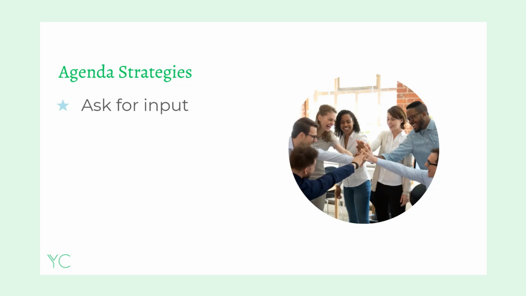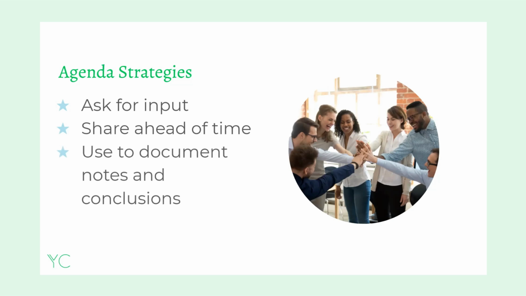Share the agenda ahead of the meeting to allow attendees to better prepare. If they know the topics that are going to be covered, they're in a better position to bring ideas and actively participate. So share it at least a day or so ahead of time. Your agenda can be a continuing resource that's used to take notes during the meeting, document conclusions, and next steps for sharing after the meeting.